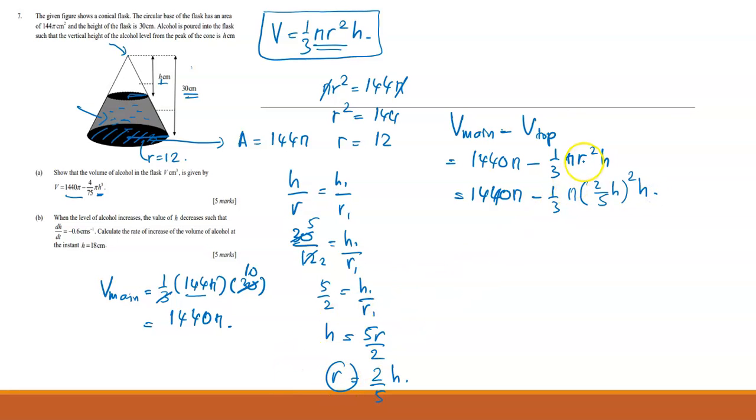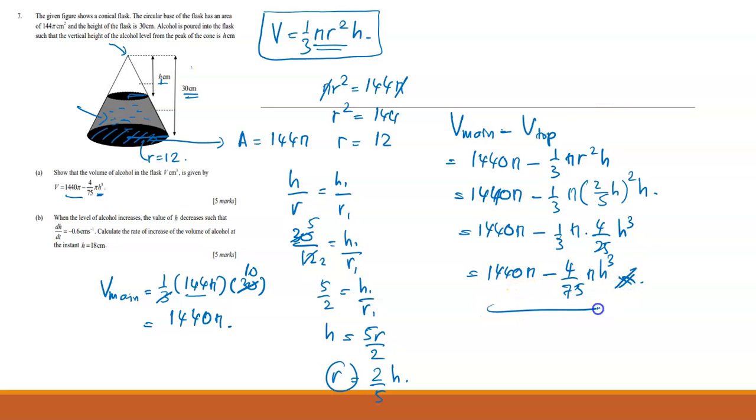So 1,440 pi minus 1 over 3 pi, 2 squared equals 4, 5 squared is 25, h squared with h gives h cubed. 1,440 pi minus 4 over 3 times 25, which is 75, pi h cubed. There you go.